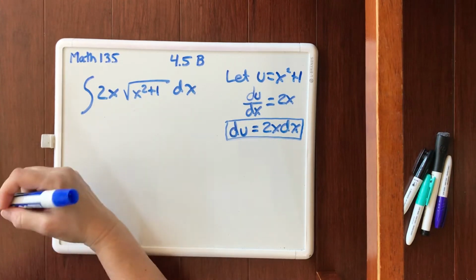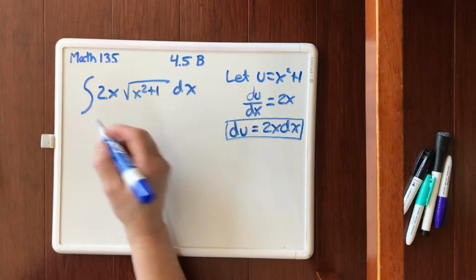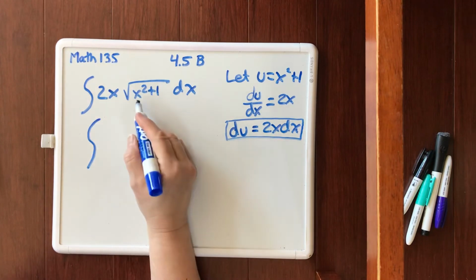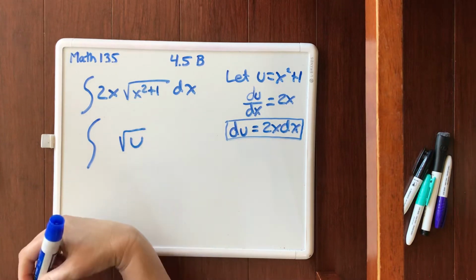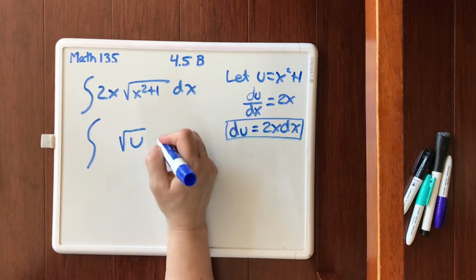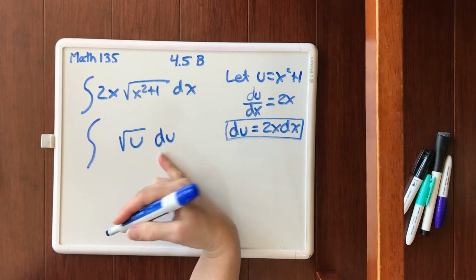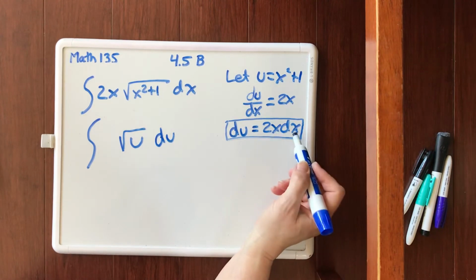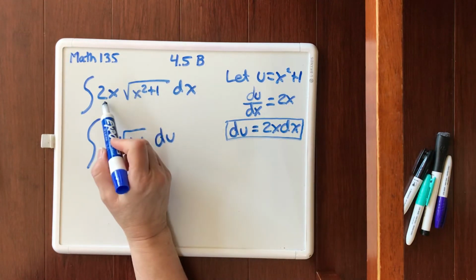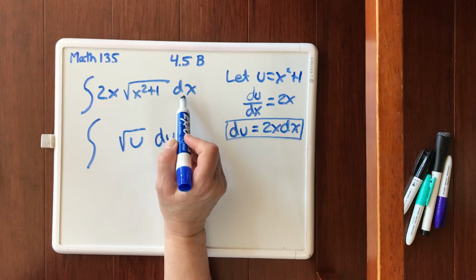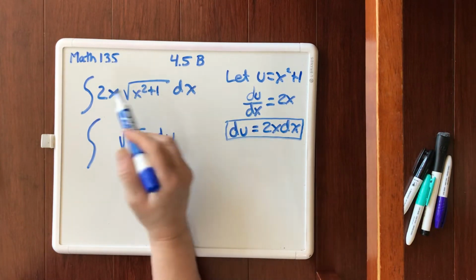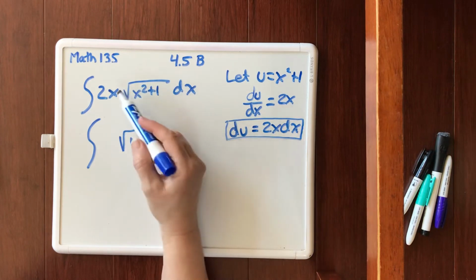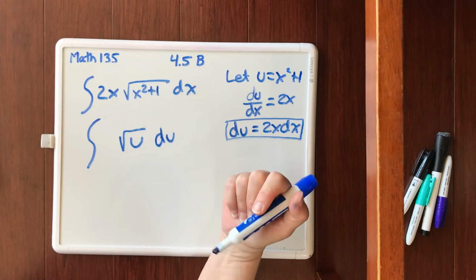Okay, so what do we have so far? If we put a u in here, we're going to integrate square root of u. But to integrate the square root of u, we need a du. Now notice what du is. du is 2x dx. Well, look at this. There's our 2x and there's our dx. So we've covered everything. We have our 2x dx in the du, and our square root we just replace with our u.